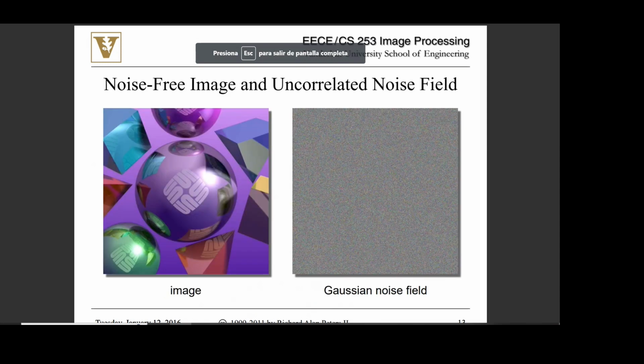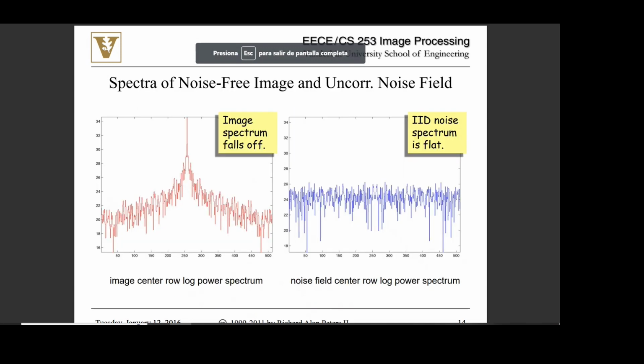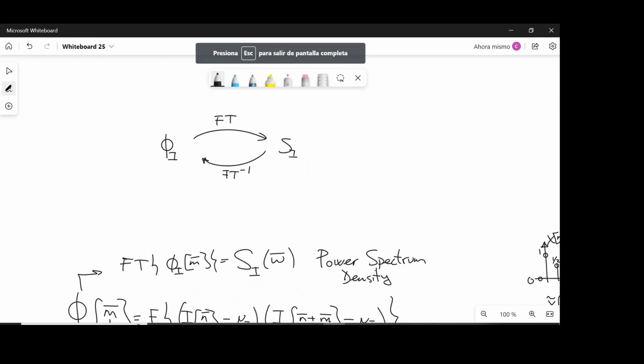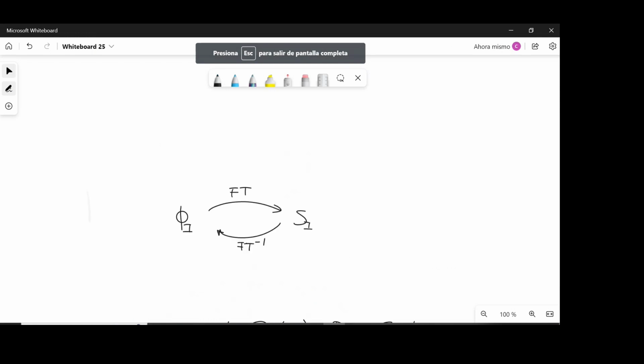Okay, so let's look at images. Let's say that you have a perfect image. This is your ideal image. You have Gaussian noise, and then we look at the power spectrum. The power spectrum will be a two-dimensional function, but let's look at one line of it.